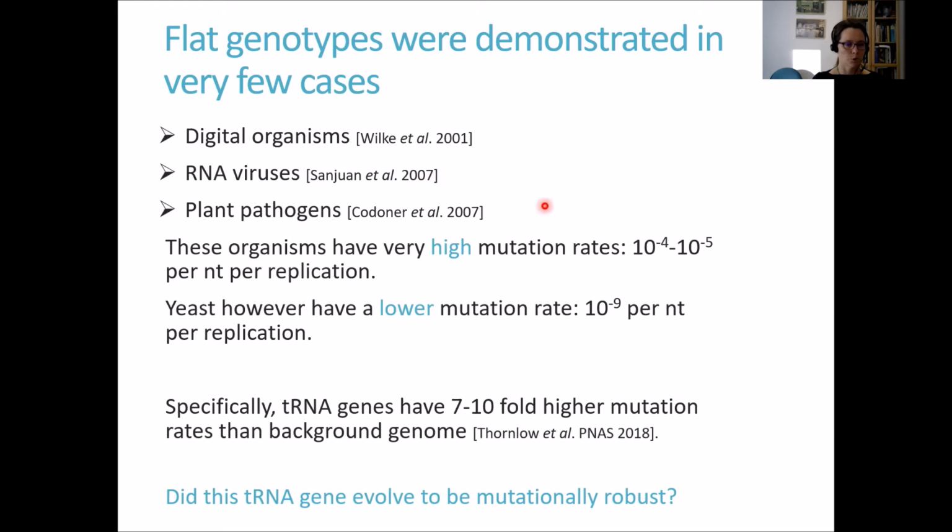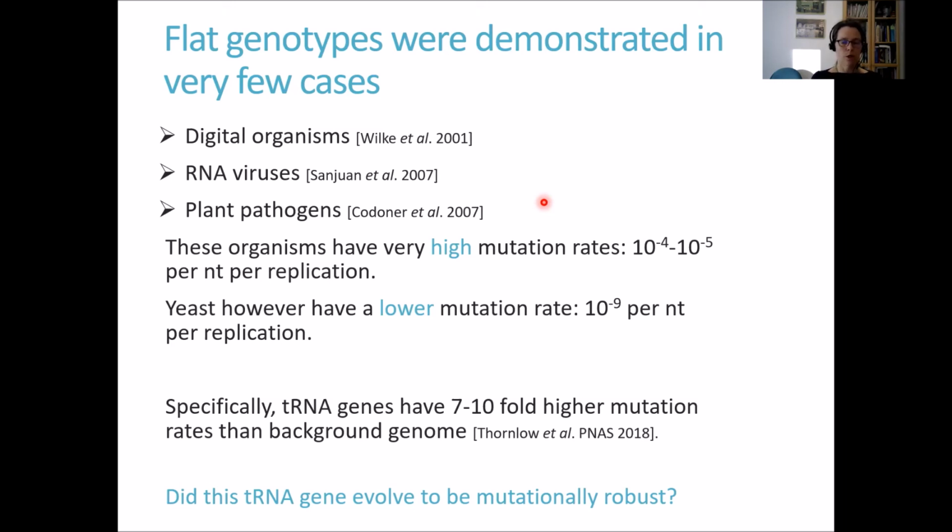But what is important is that these organisms in which flat genotypes were demonstrated have very high mutation rates. So we're talking about 10 to the minus 4 to 10 to the minus 5 per nucleotide per replication. And the gene that we analyzed is from yeast that has a much lower mutation rate.